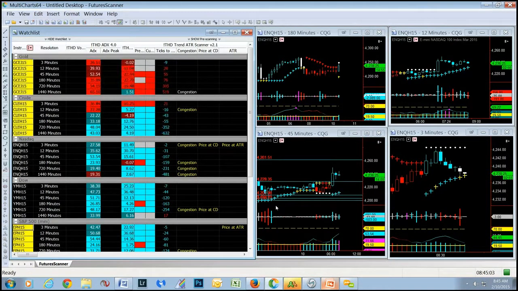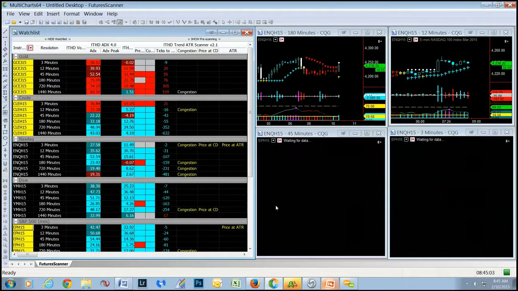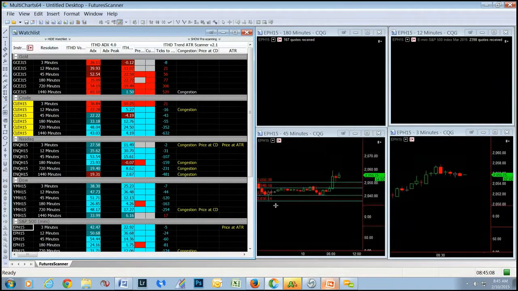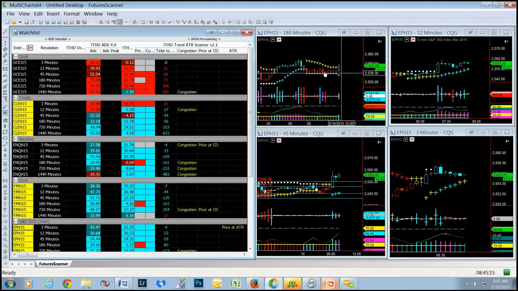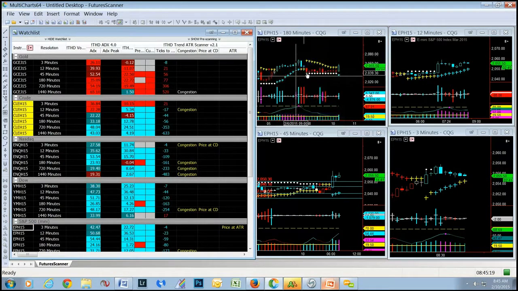Okay, let's go and look at the S&P 500. On the S&P 500, you do see you've had this line of congestion dots here. It's currently flipping the ATR now. Okay, so this tells me that we may continue up.